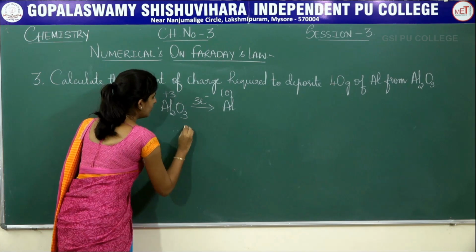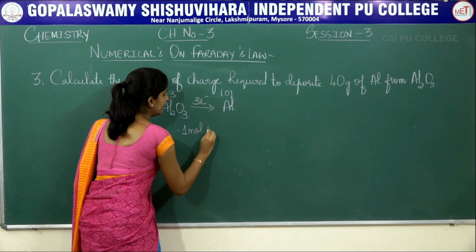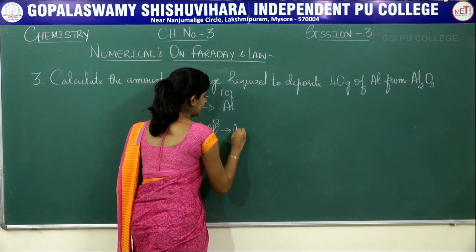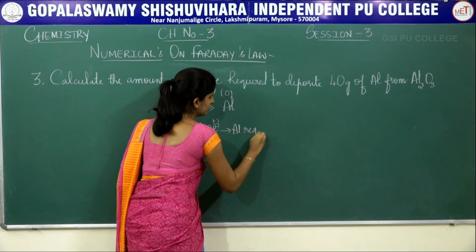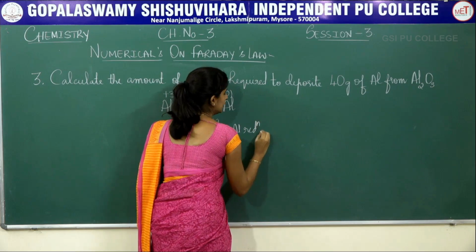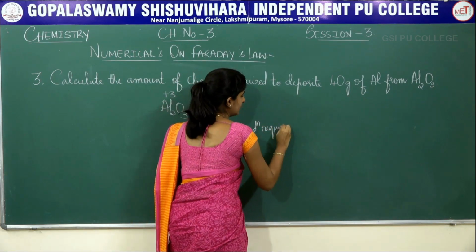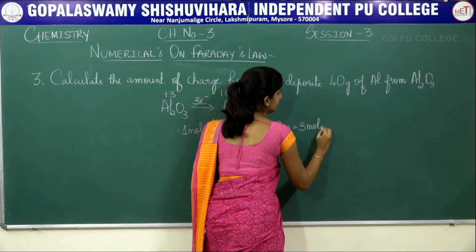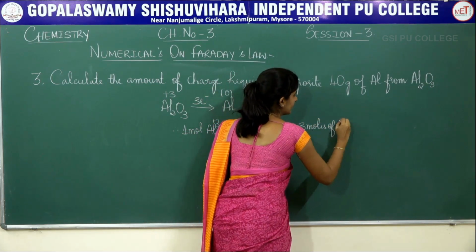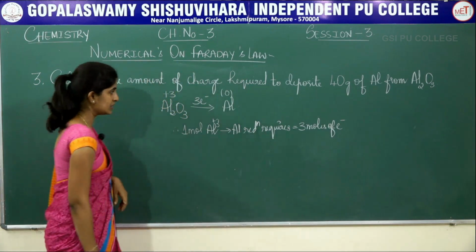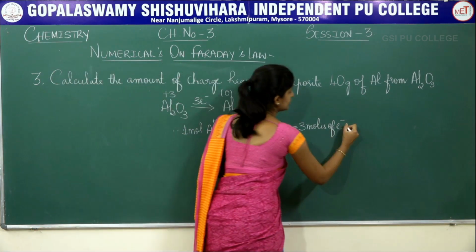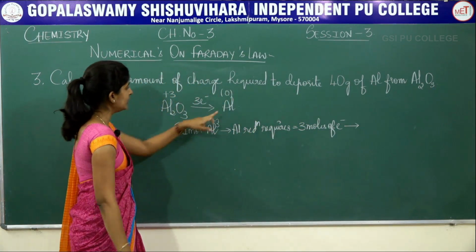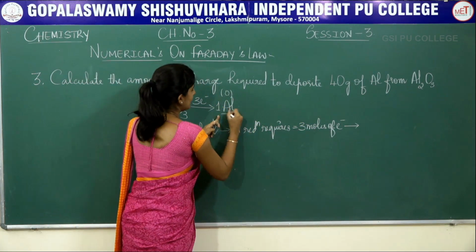So therefore 1 mole of aluminium, +3 to aluminium reduction, requires 3 moles of electrons, which deposits how many grams of aluminium? Very simple, it deposits 1 mole of aluminium.